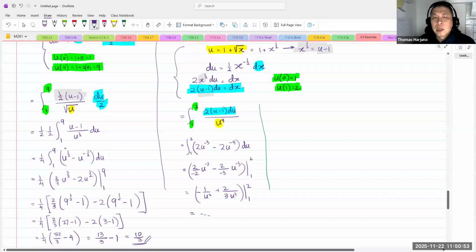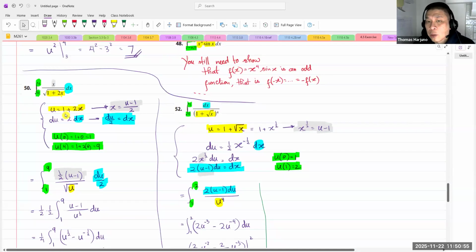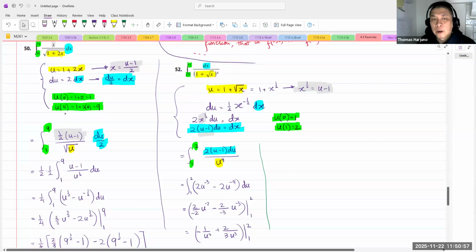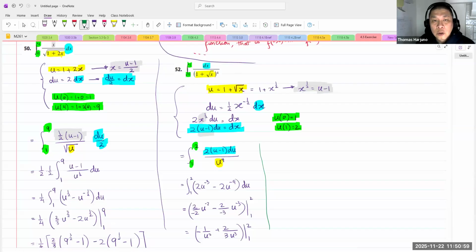What I want to show you is another way to look at this. I think you may have some difficulty here. No, it's actually not that difficult, but let me show you another way to approach this. Slightly different, not totally different. We start with the same substitution, u equals 1 plus square root of x, right?